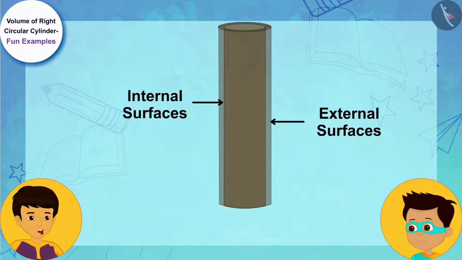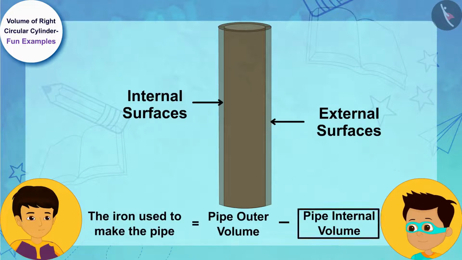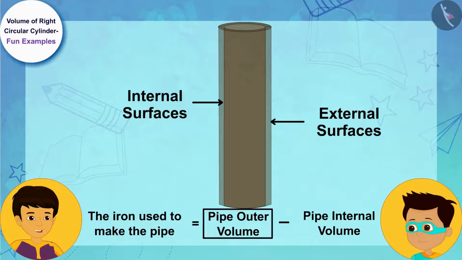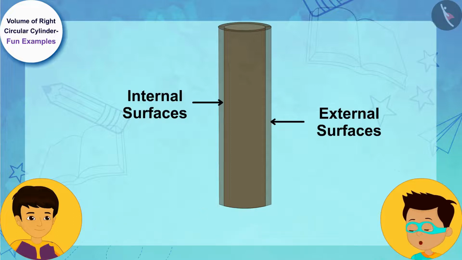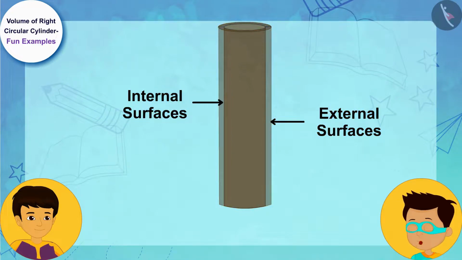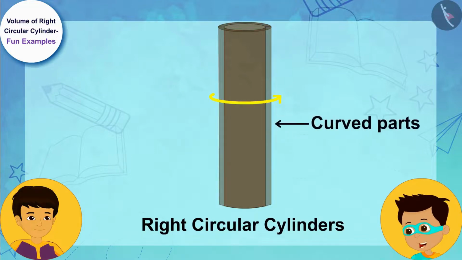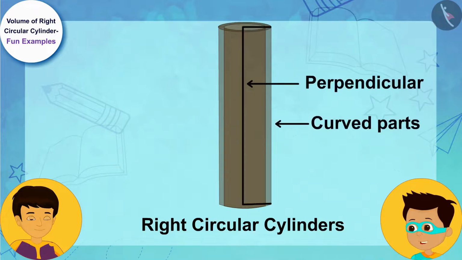Therefore, we can find the iron used to make the pipe by subtracting its internal volume from its outer volume. Yes, Manas. And see, both the inner and outer surfaces of the pipe are right circular cylinders because their curved parts are perpendicular to their circular base.